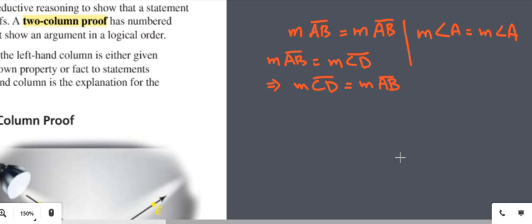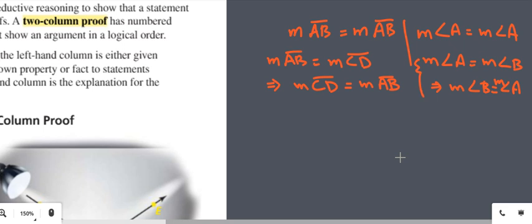And in angles, how can we replace that? If measure angle A equals measure angle B, that implies measure angle B equals measure angle A. Okay, these properties are called reflexive, and this one is symmetric.